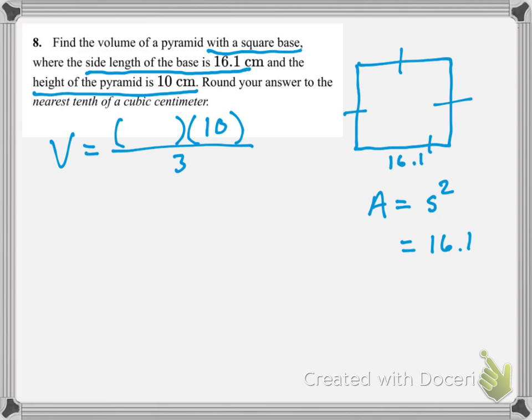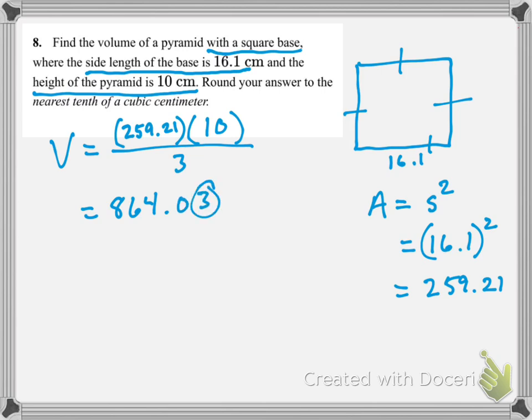So 16.1 squared. I get 259.21. That's not nearly as bad as the last problem. So multiply that by 10, divide by 3, and I get 864.03. The 3 does nothing. You could write 864.0, but you don't have to. You can just say 864.